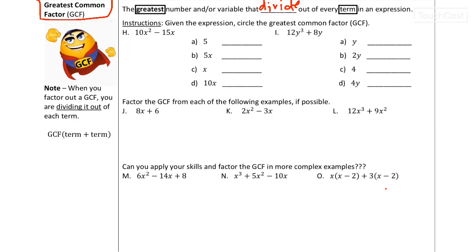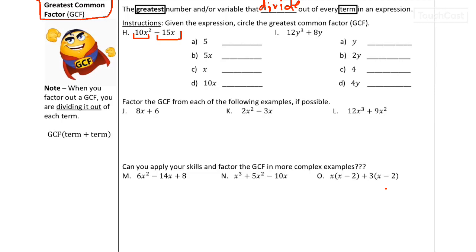A term in a polynomial are these little suckers right here. 10x squared is a term, and 15x is a term. Terms are usually separated by plus or minus signs in a polynomial.